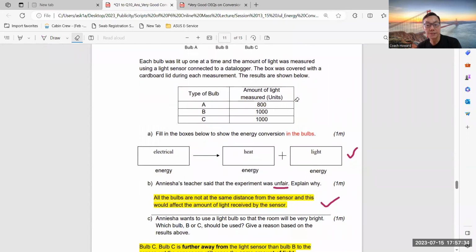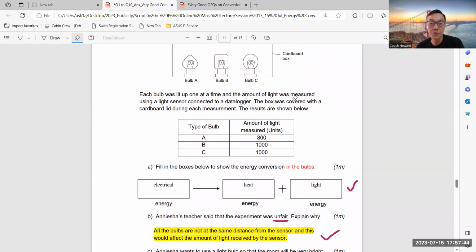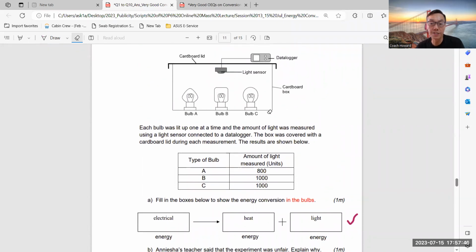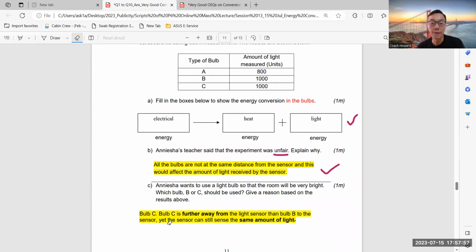And then Anisha wants to use a light bulb so the room will be very bright. Which bulb should he use? He must use the one that is furthest away and registers the highest. So actually, he should use C. Can you see? C is furthest away and also registers 1000.